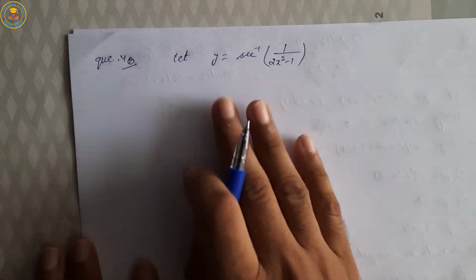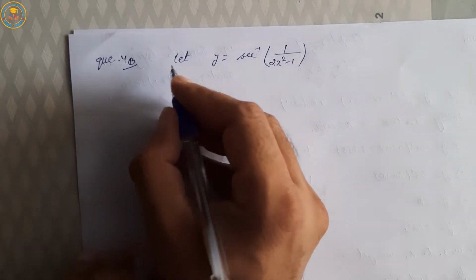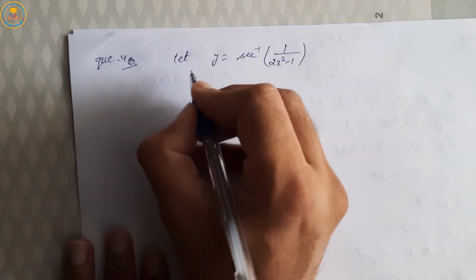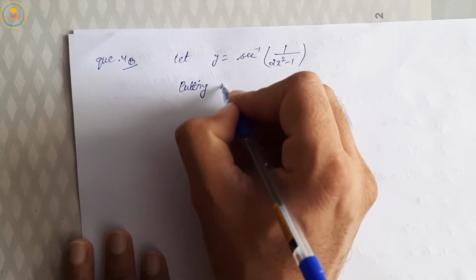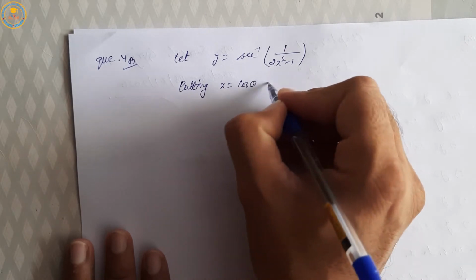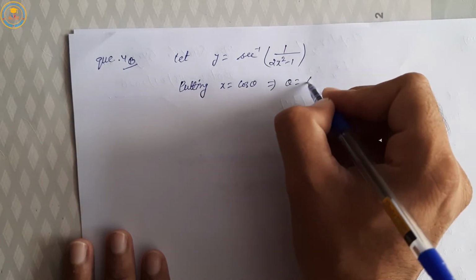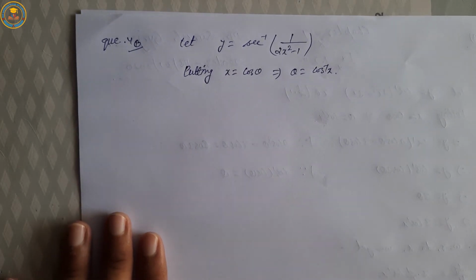Find the value of dy by dx. Putting x is equal to cos theta implies theta is equal to cos inverse x.